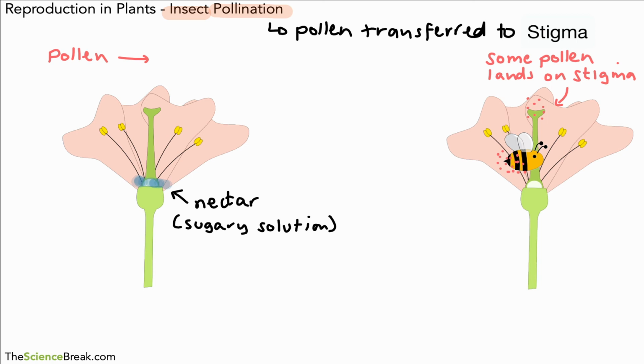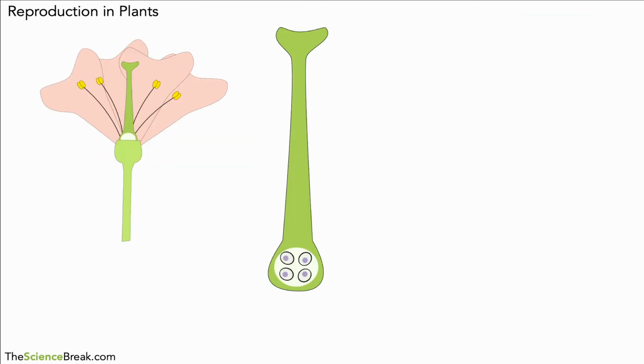So what happens next? So here we have the flower. If we just enlarge the stigma, and just show some pollen grains there, we can see that the pollen grains will move down the style and meet with the eggs that are in the ovary.